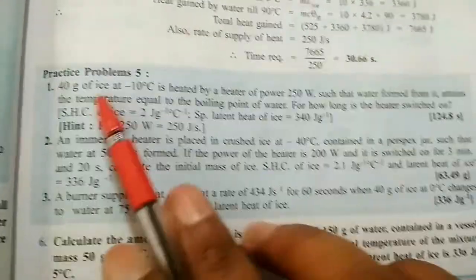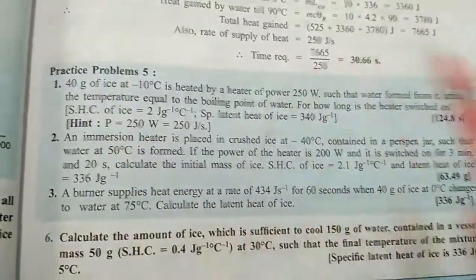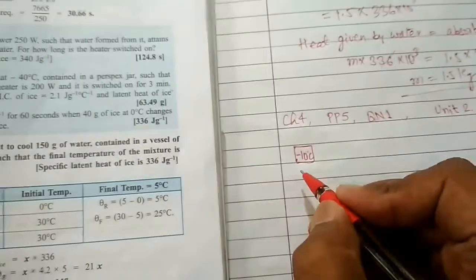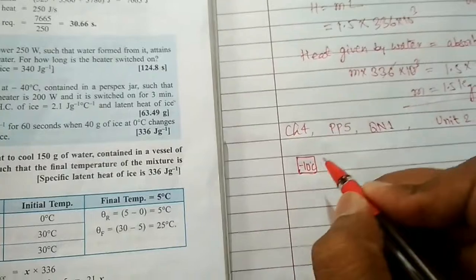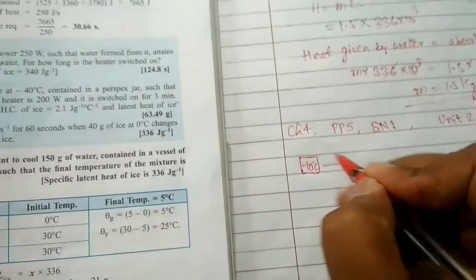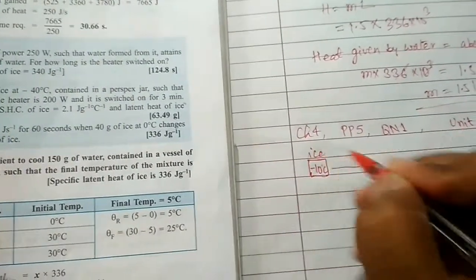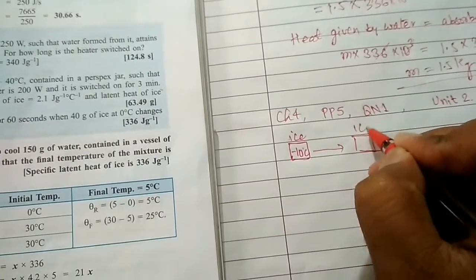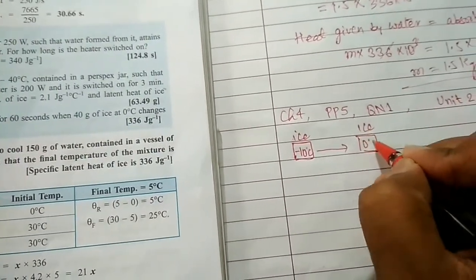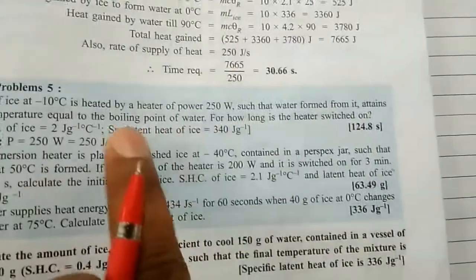First of all, I am drawing the diagram and then the given values. Remember, in my last lecture I said that at any minus temperature in degrees Celsius, the ice first changes to ice at 0 degrees Celsius, and the final temperature goes up to the boiling point.